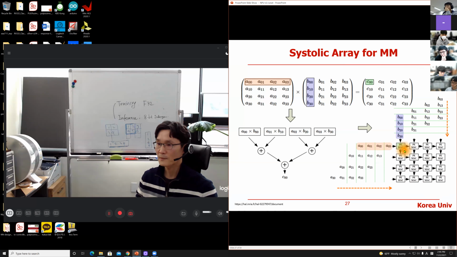An important thing is you have to supply data in this way. That is highlighted here: the first row of A here, and that column. Then this green dotted line is the clock boundary.